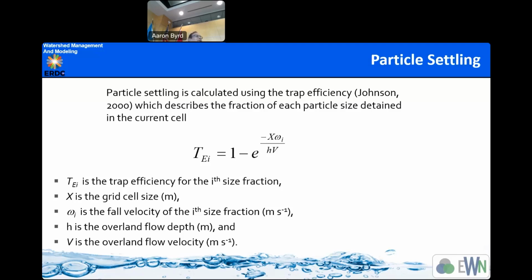And the trap efficiency varies from 0 to 1. So you have the total amount of sediment, and that is multiplied by the efficiency. That amount just settles down in that grid cell, and in another time step we look at whether it will be eroded or not. That's the source in that grid cell, but it may not be the parent material, right?